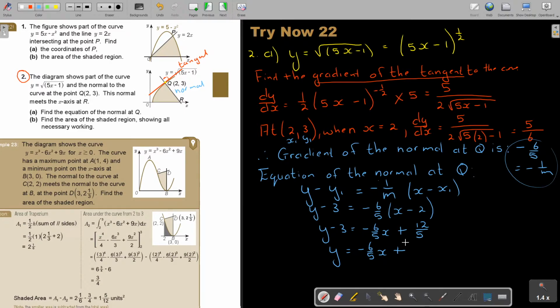And it's 5 and 2/5. Okay, that is now the equation of the normal. Find the equation of the normal at Q. That's what I did.